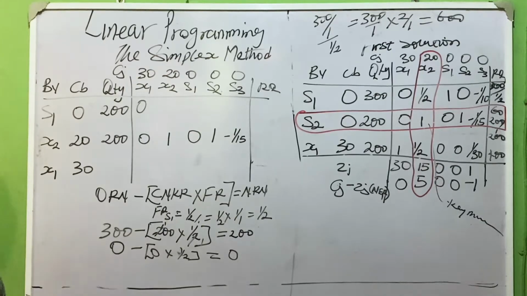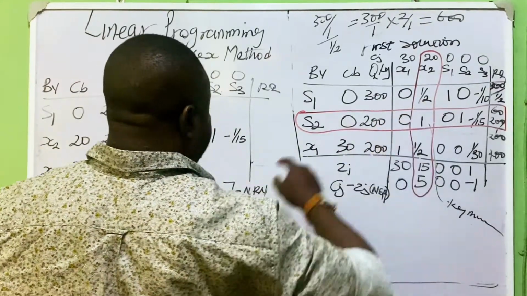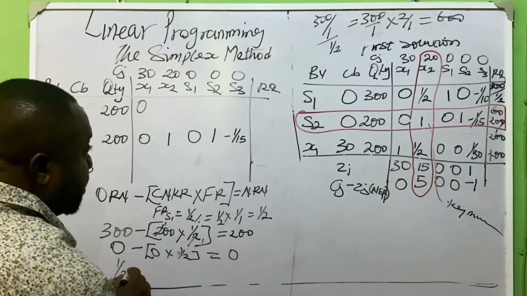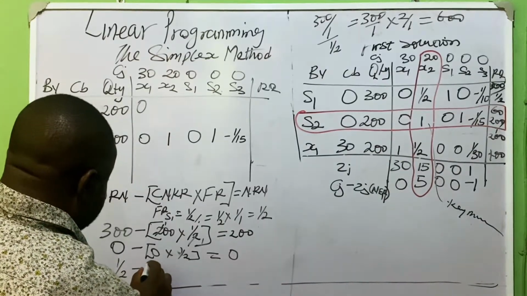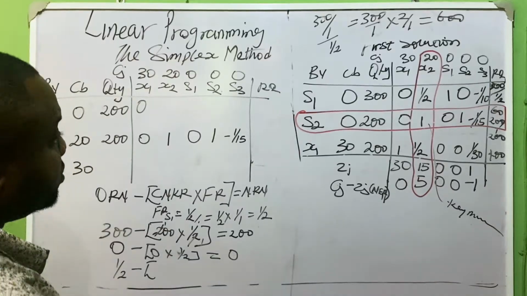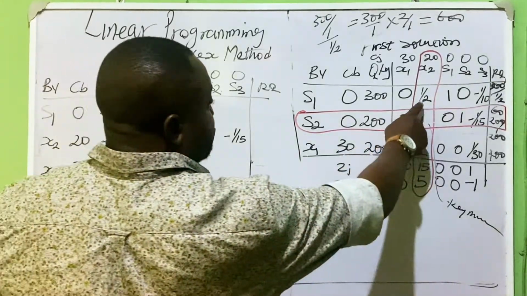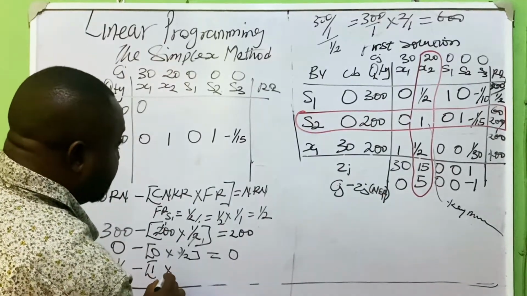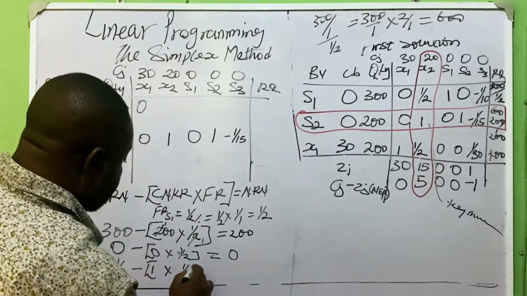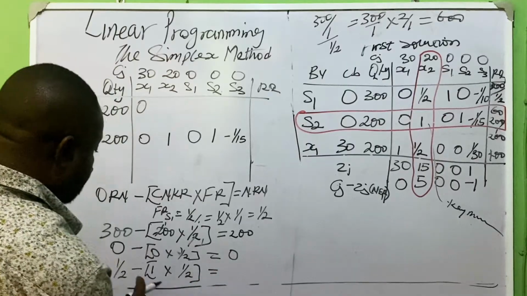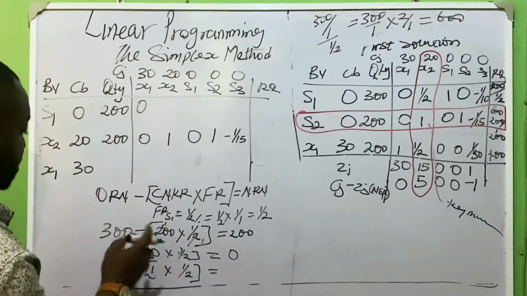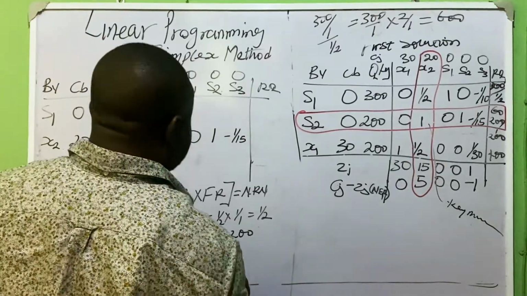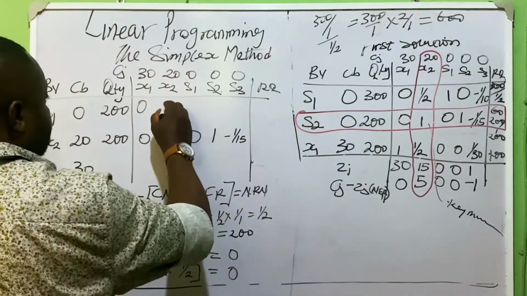Now, the next will be to transform this 1 over 2. So 1 over 2 minus the corresponding value to 1 over 2, which is 1. 1 multiplied by 1 over 2. So 1 times 1 over 2 is 1 over 2. 1 over 2 minus itself will give me 0. So I have here to be 0.